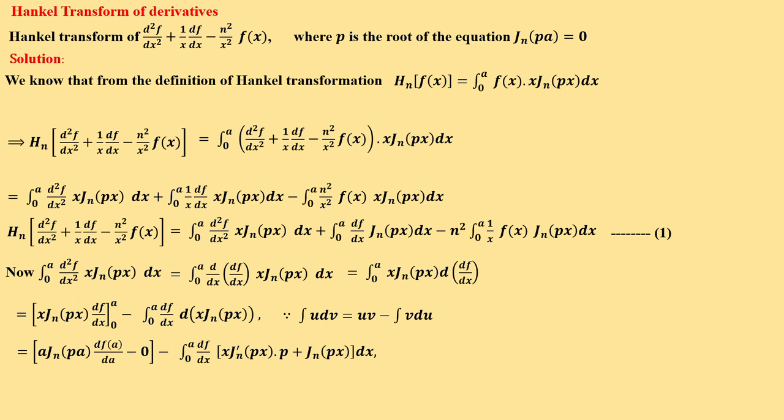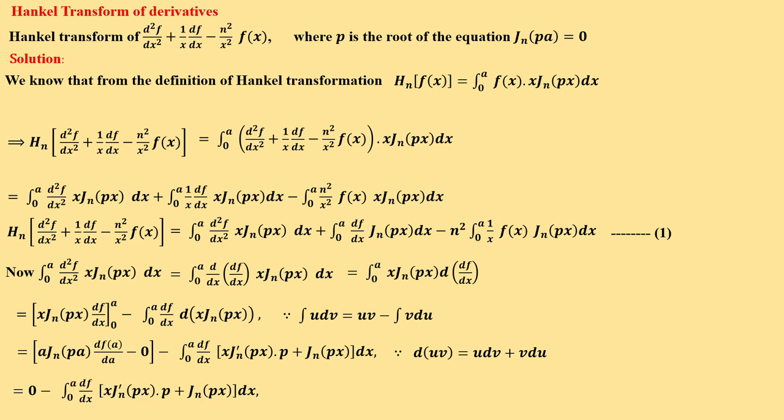Here u is x, v is Jn(px). So x times the derivative of Jn(px), Jn'(px), and the derivative of px is p, plus Jn(px), then the derivative of x is 1, into dx. The dx is common for both terms.